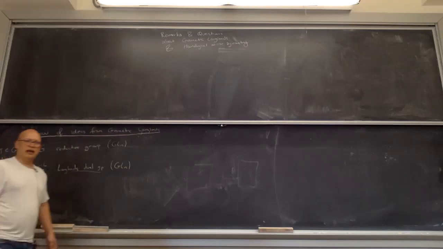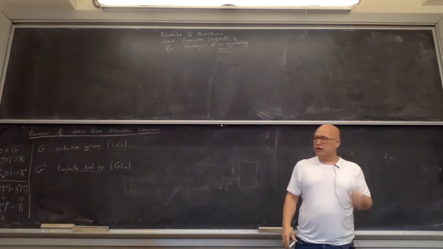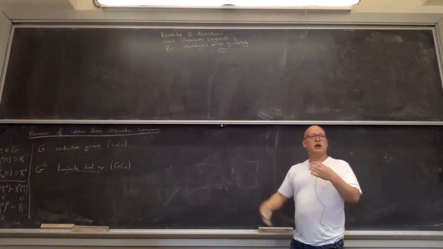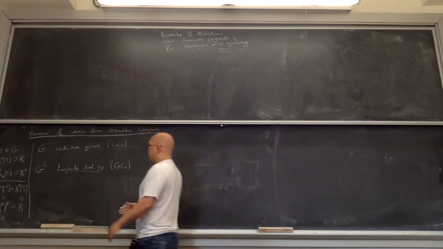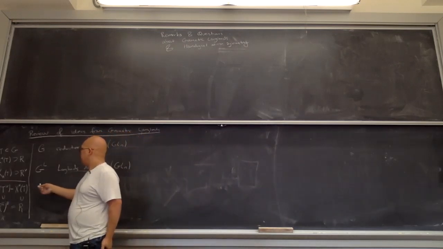Okay, and it turns out, if you look at the classification of reductive groups, that there is somehow some involution on the reductive groups. And what the subject of this Langlands duality is about is somehow the relationship between questions.